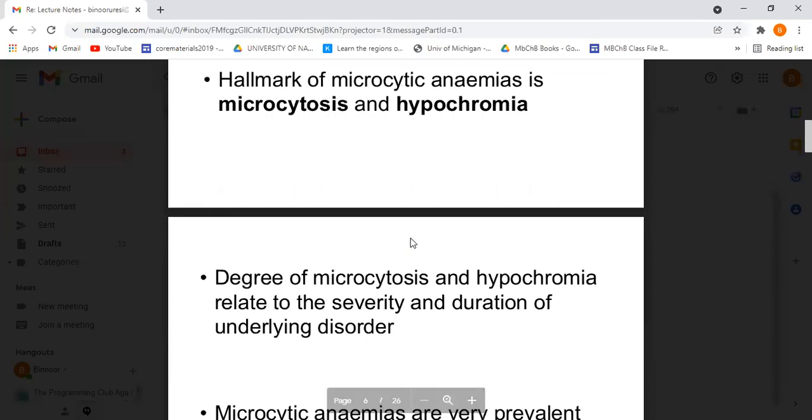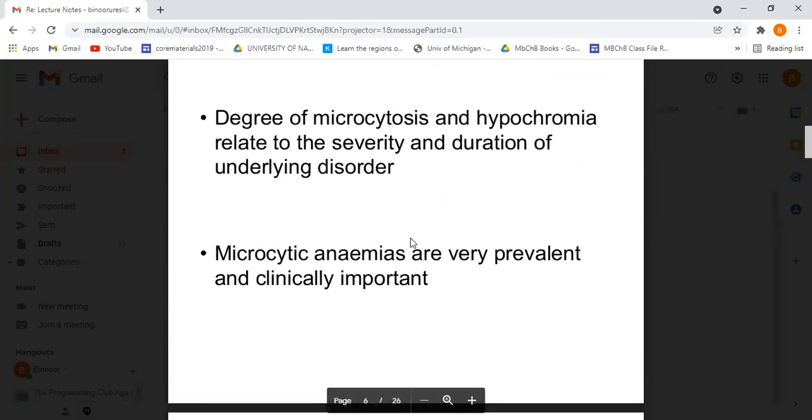The degree of microcytosis and hypochromia relates to the severity and duration of the underlying disorder. It just means that if the condition has been there for a very long time, or if the deficiency is massive, as with iron deficiency, where you don't eat iron for a long time, then you have very severe microcytic hypochromic anemia.